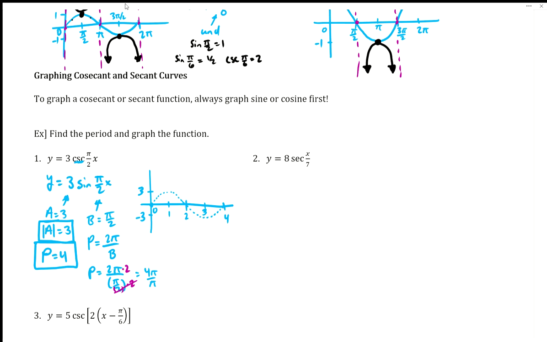Now we go through and say wherever the sine curve crosses the x-axis is where cosecant is going to have an asymptote. So we have an asymptote at x equals 2, at x equals 4, and at x equals 0. Then we finish off the rest of the graph by finding the peak and drawing away from the sine curve.